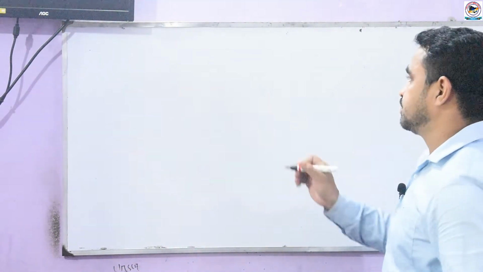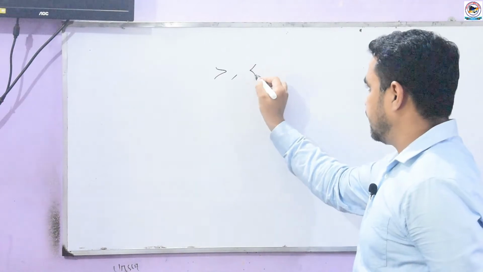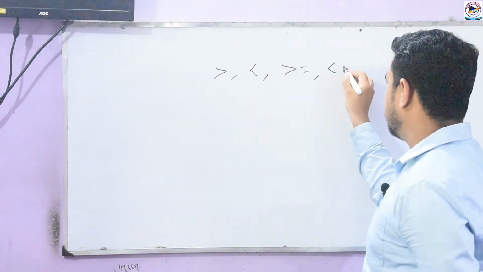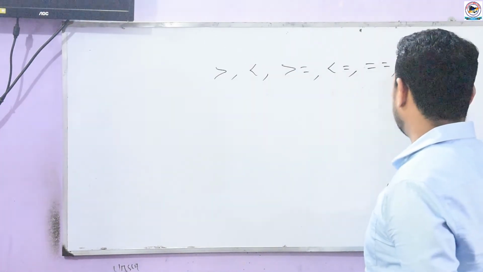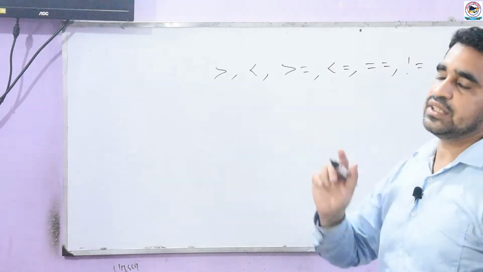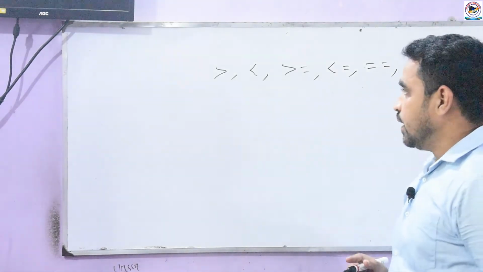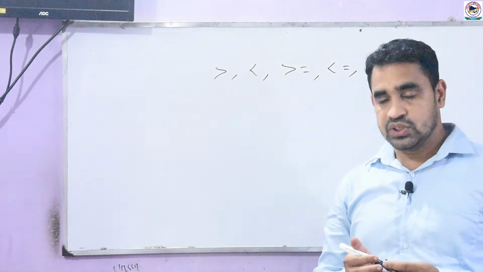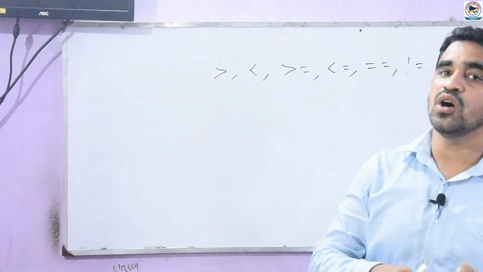In C, greater than, less than, greater than or equal to, less than or equal to, double equal to, not equal to are the relational operators. They return the value either true or false.